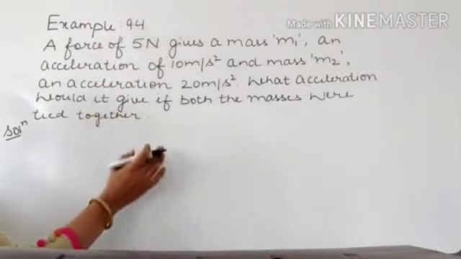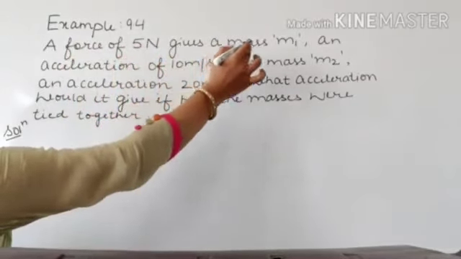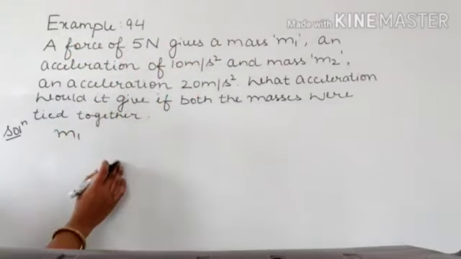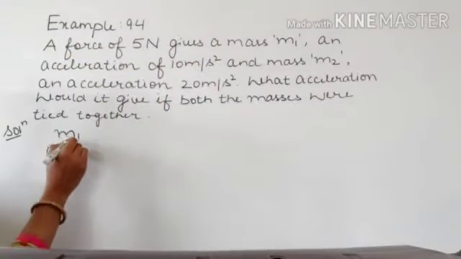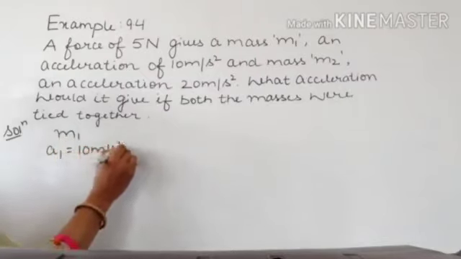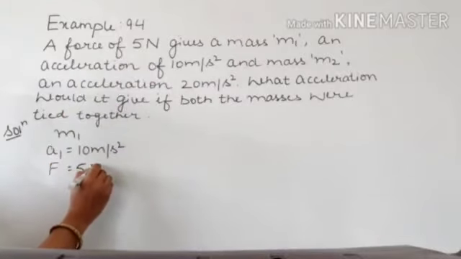Example number 9.4. A force of 5 Newton gives a mass m1 an acceleration of 10 meters per second square. That means for mass m1, acceleration is 10 meters per second square and force is 5 newtons.